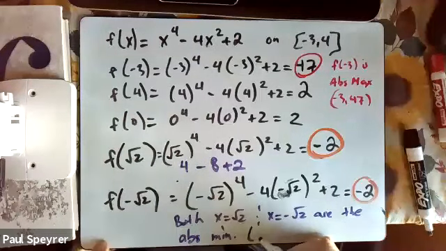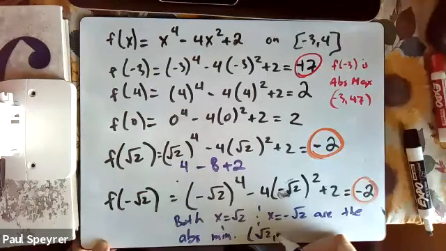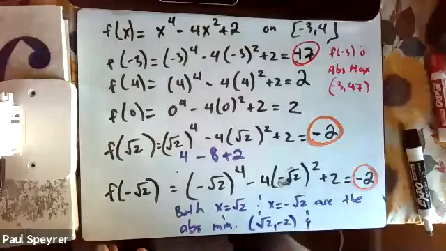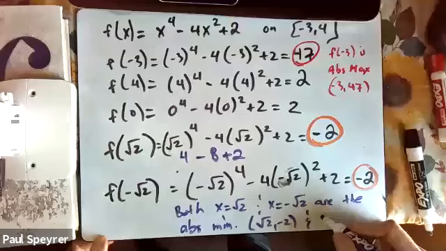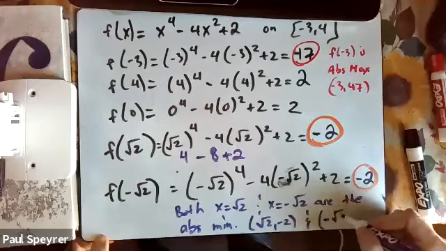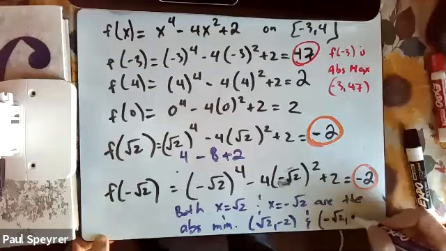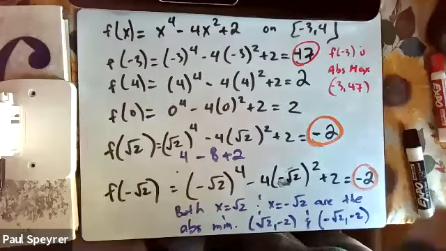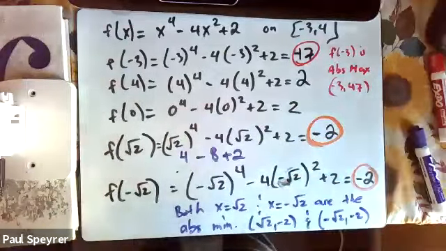So you would say, oh, at √2 comma -2 and -√2 comma -2.